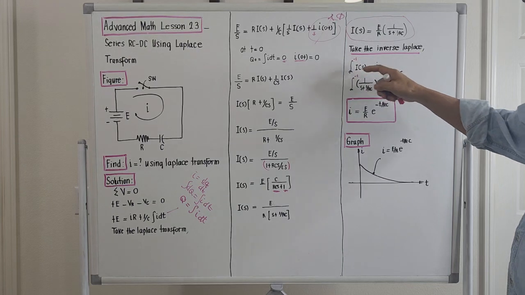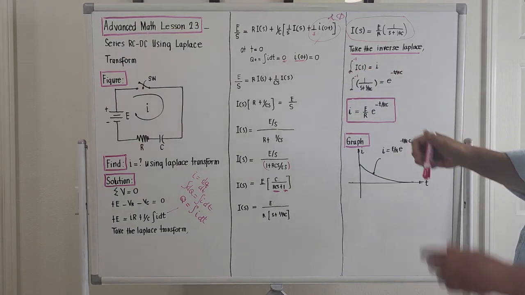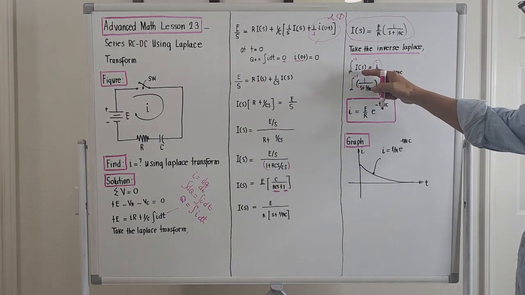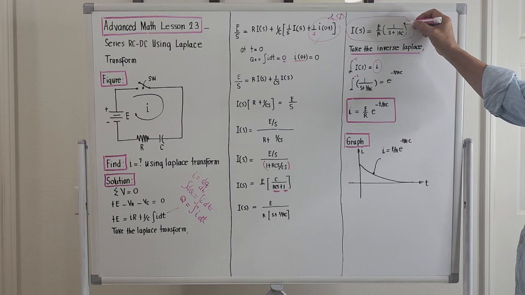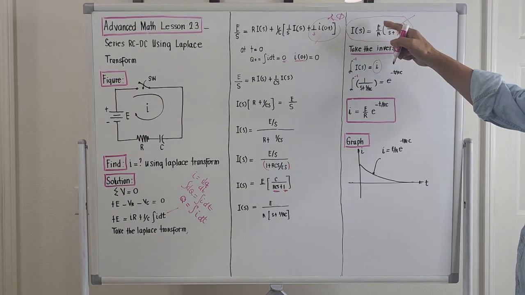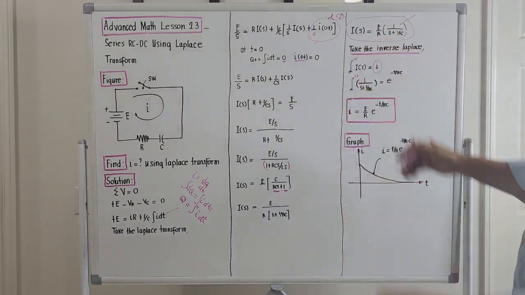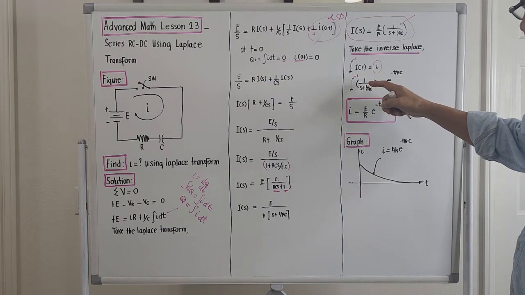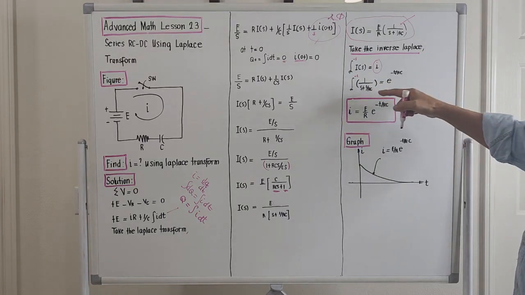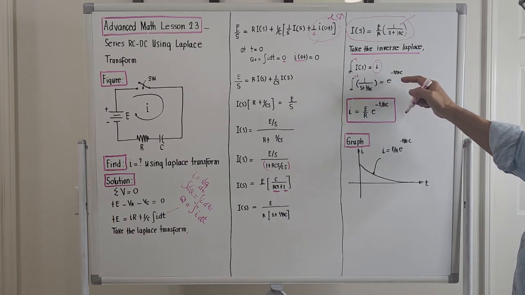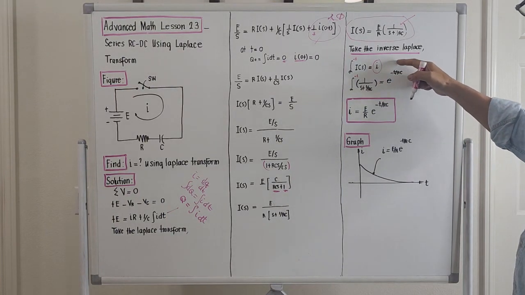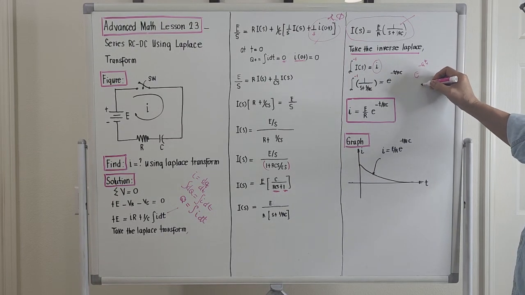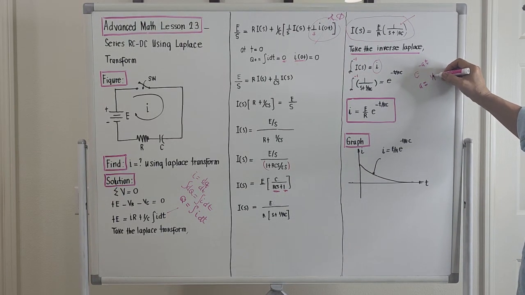The inverse Laplace transform of capital letter I as a function of S is I, the one we are looking for. And the inverse Laplace transform of this quantity here, excluding E over R, because E over R is just constant. So this should be the inverse Laplace transform of 1 over S plus 1 over RC should be equal to, if this is plus, it will be E raised to the negative T over RC. It will be E raised to minus AT, where the value A is actually 1 over RC.